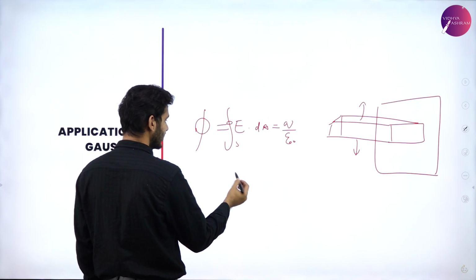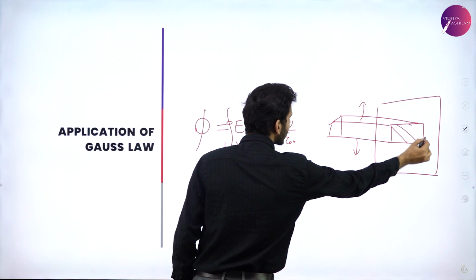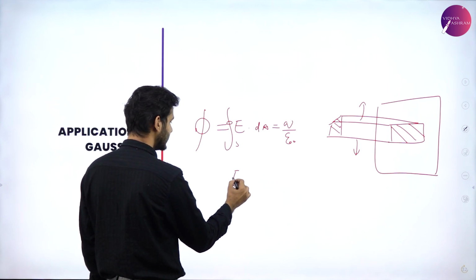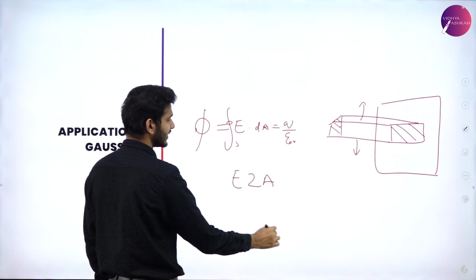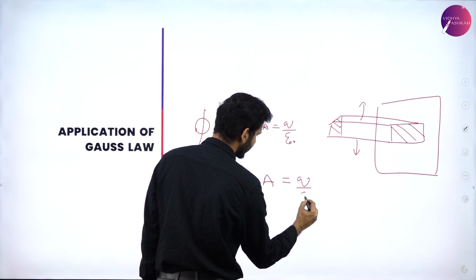Okay, and we knew that the area was this face and this back face added up. So we knew that E times 2 times that area, that is area 1 plus area 2, will be equal to Q by epsilon naught.